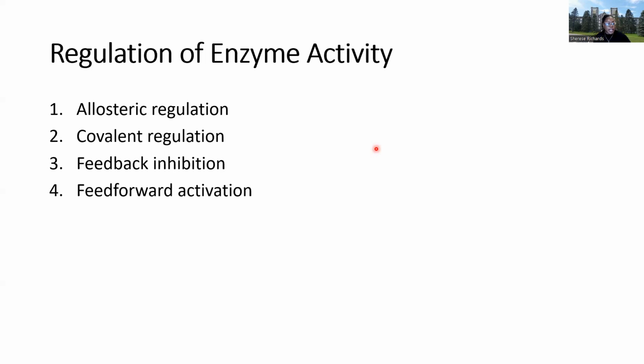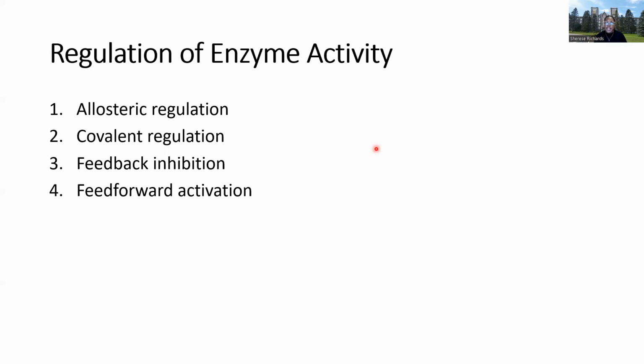Let's talk about the regulation of enzymatic activity. There are 4 different ways that we can regulate an enzyme, and this is really important. This is because an enzyme is always in our body, right? It's always circulating in our body. How do we determine what the enzyme will be doing? How do we determine if the enzyme will be catalyzing the right reactions?